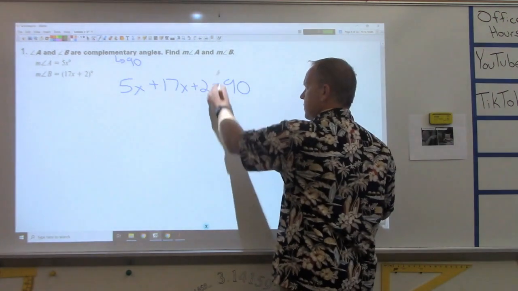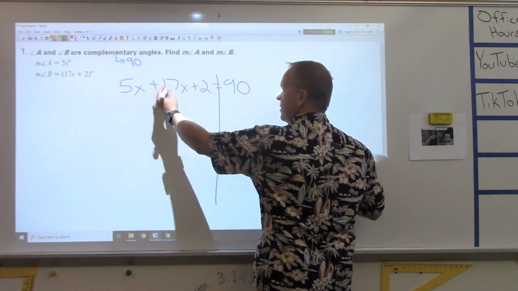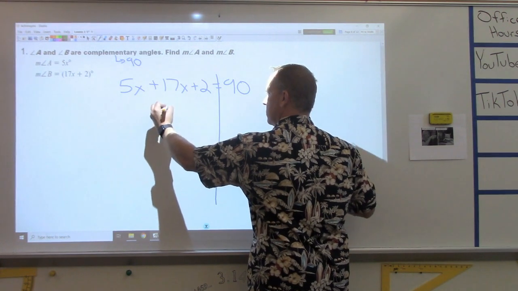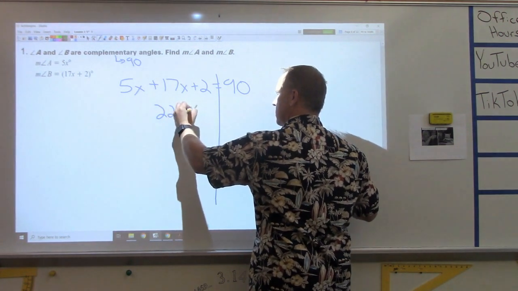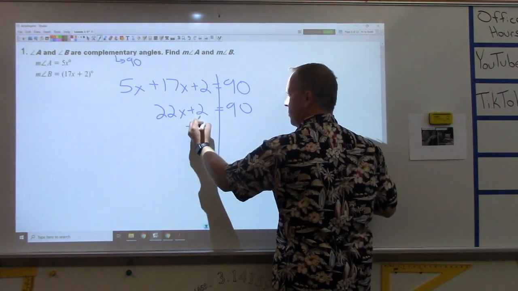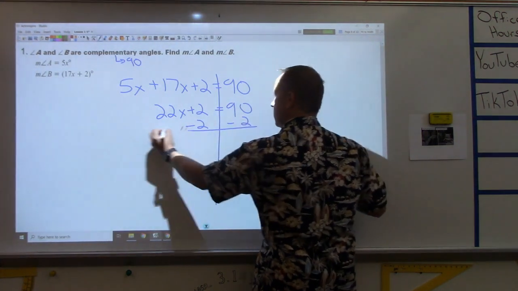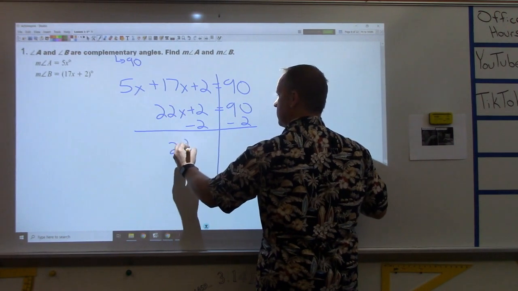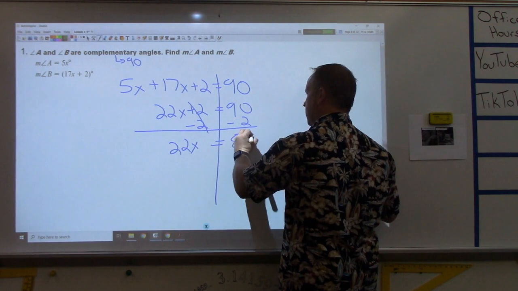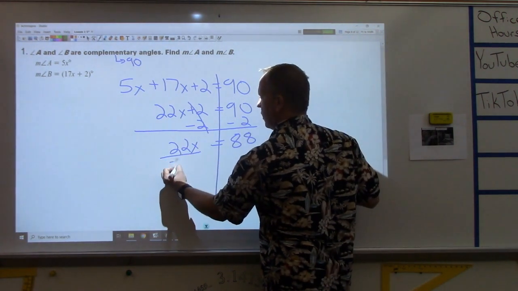We're going to solve this. 5x plus 17x are on the same side of the equal sign, so put those together. Subtract 2 from both sides. Divide by 22.